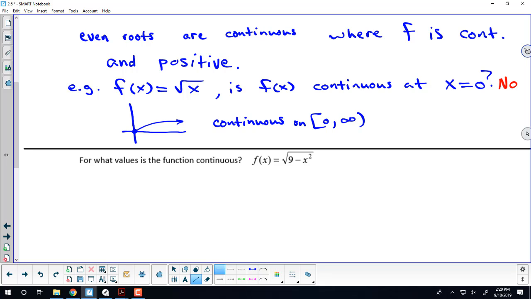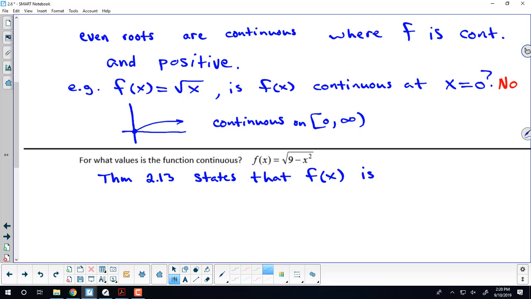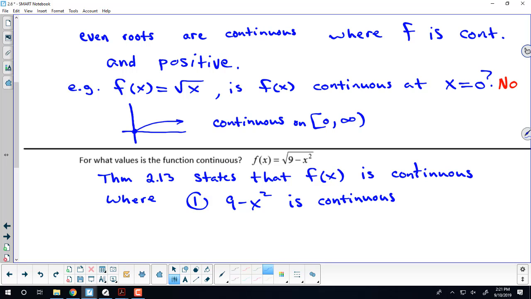So theorem 2.13 states that our function is continuous where 1, the function on the inside is continuous, and 2, where the function on the inside is strictly larger than 0.